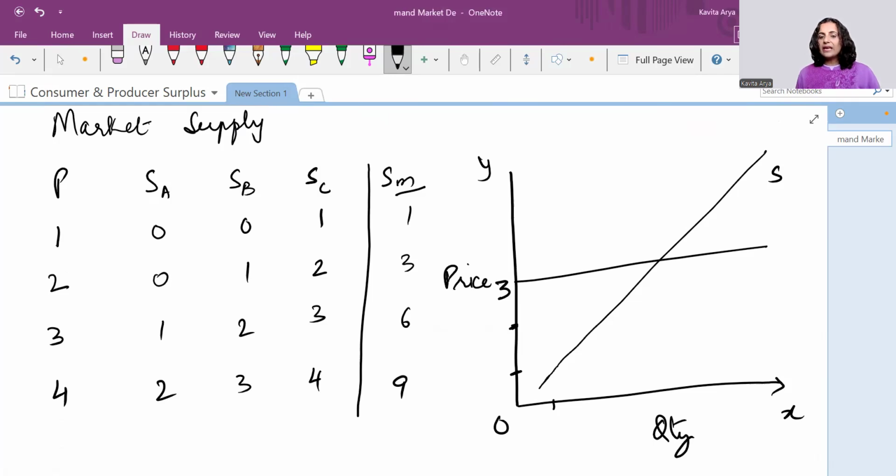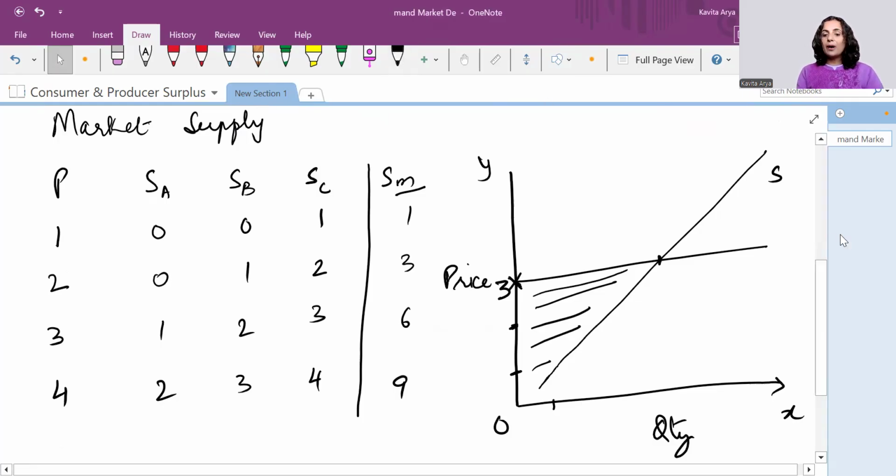But now they are supplying the units at price 3. So this is the benefit given to them, those who could have produced the goods at a price lower than the equilibrium price as determined by the market. So this triangle simply showcases the producer surplus.